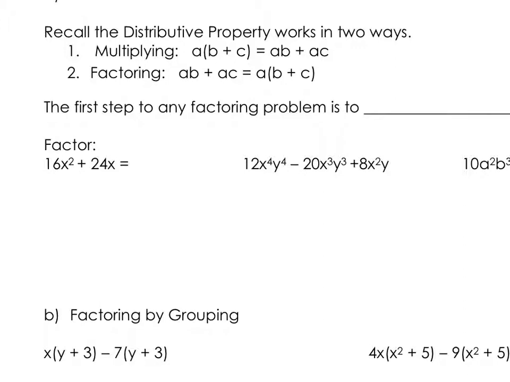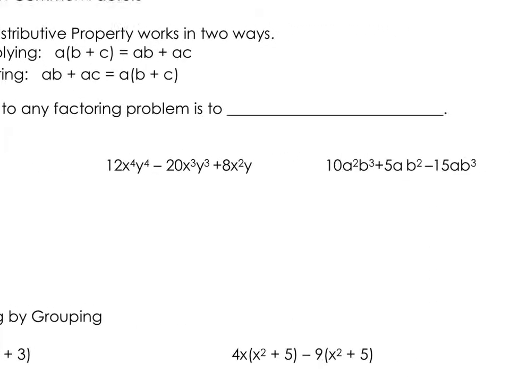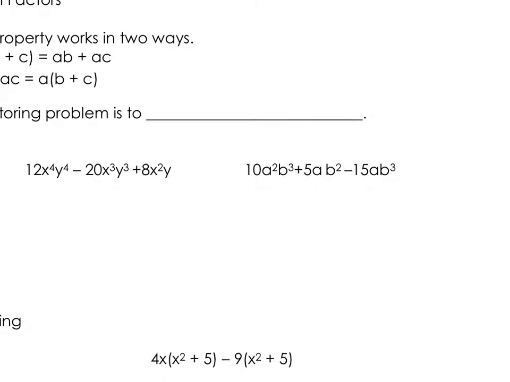The first step to any factoring is to factor out the greatest common factor.